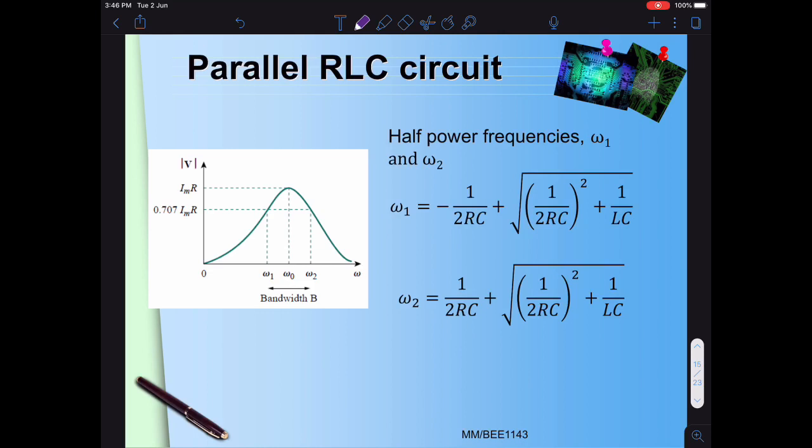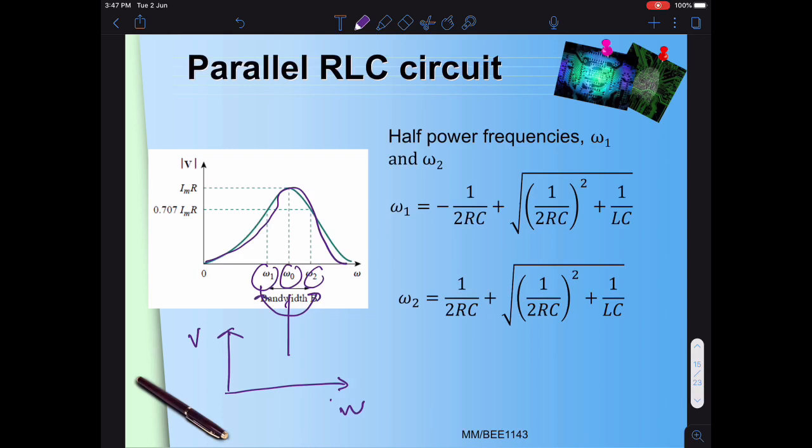Next, we are going to see the graph. The graph is here, V versus omega. The curve is similar, the normal pattern of graph, and in the middle we have the resonant frequency, and then we have the half power frequency parameters, omega 1 and also omega 2.